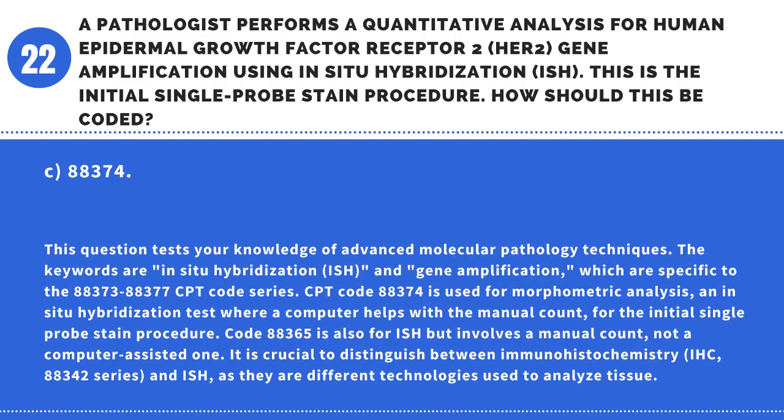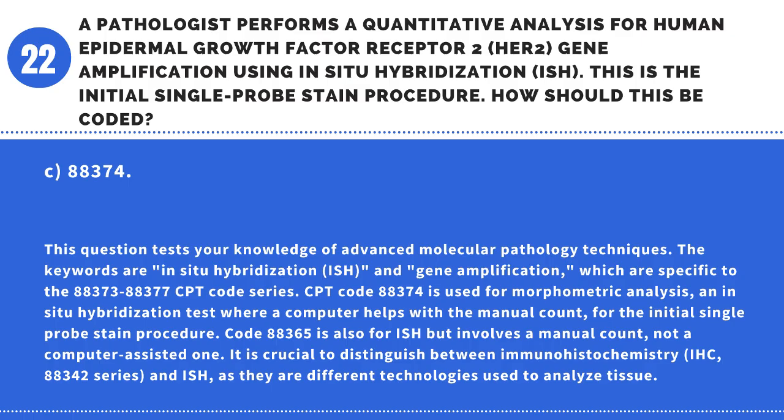Answer: C. 88374. This question tests your knowledge of advanced molecular pathology techniques. The keywords are in situ hybridization, ISH, and gene amplification, which are specific to the 88,373 to 88,377 CPT code series.